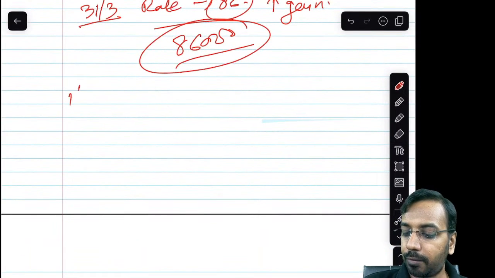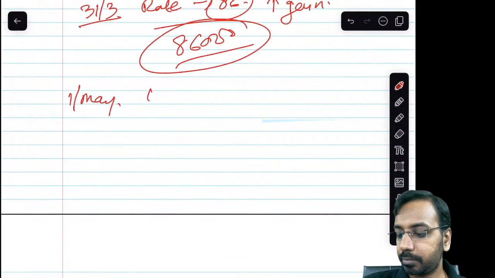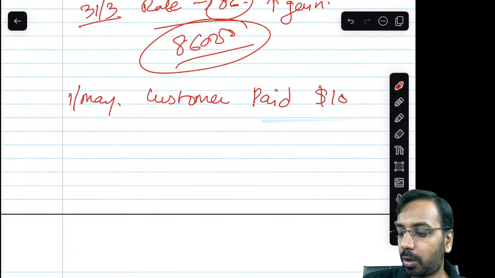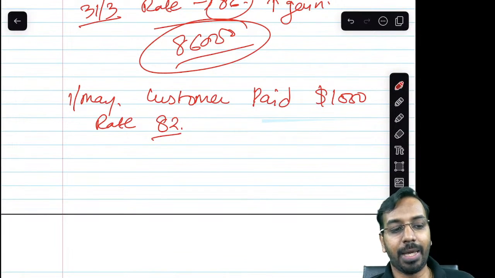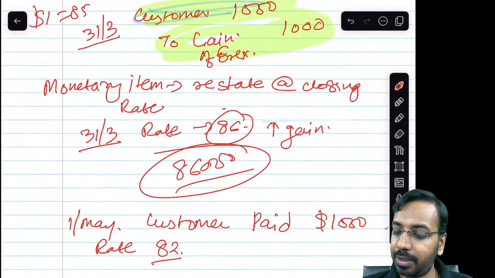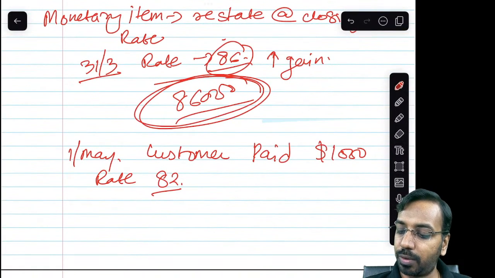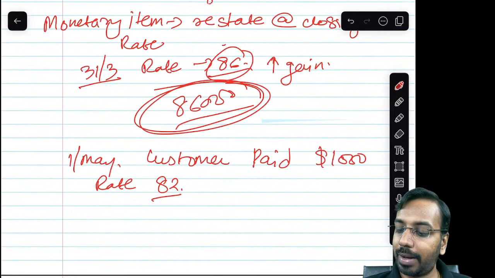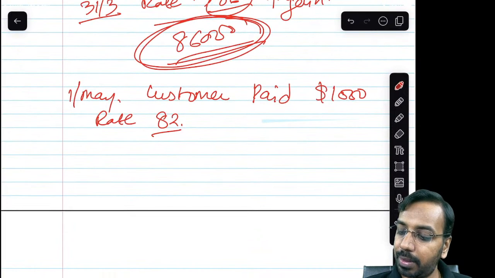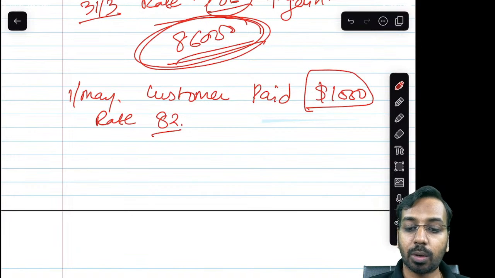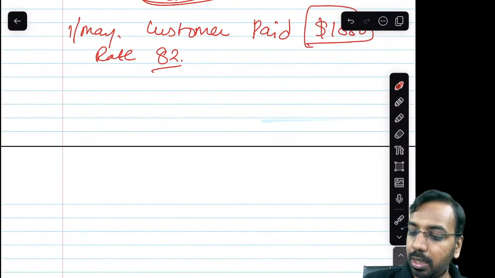Then let us say on 1st of May, customer paid $1,000. The rate was 82. Now tell me, how much is the loss? I sold when the rate was 85. Then I said I have to receive at 86. I took the value to 86,000. Now, the customer paid me only $1,000, when the rate was 82.